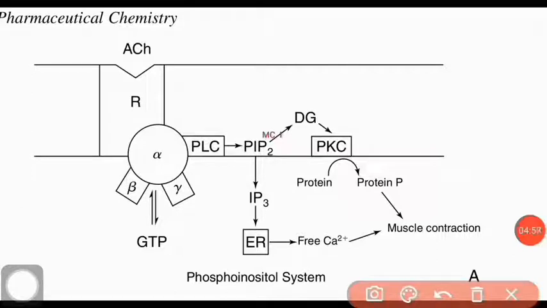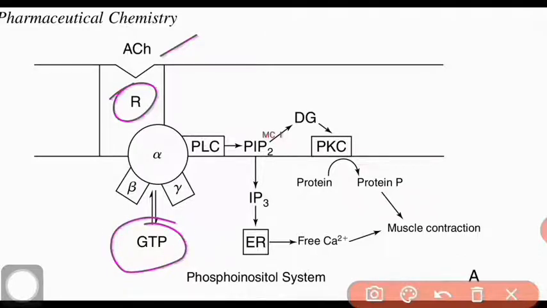How does muscle contraction happen, especially in smooth muscle and cardiac muscle, with the help of acetylcholine? First, acetylcholine binds with the receptor and activates the 7 transmembrane receptor, which releases GTP and phospholipase.